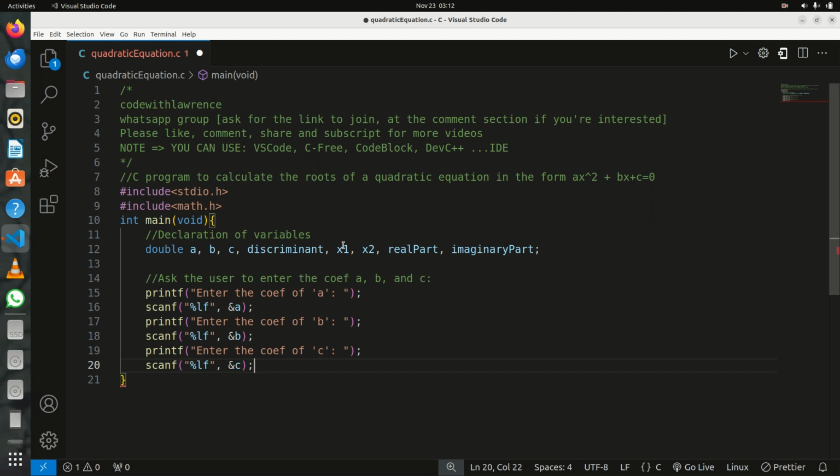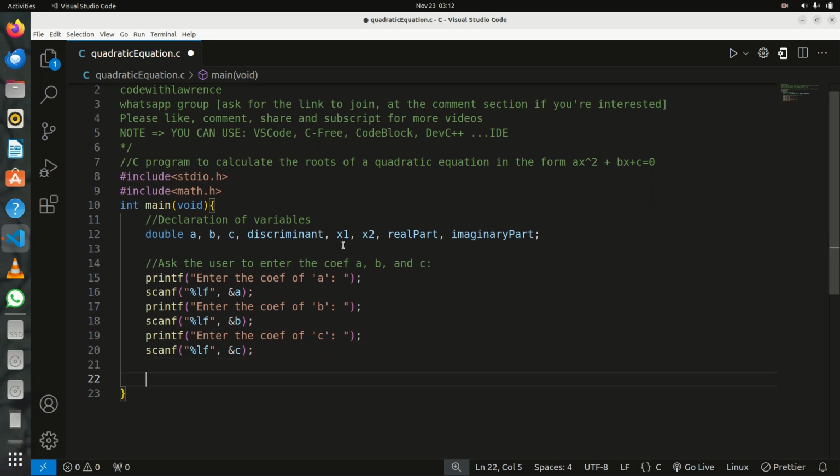Great. After asking the user to enter the coefficient of a, b and c, we have to check if it's a quadratic equation.